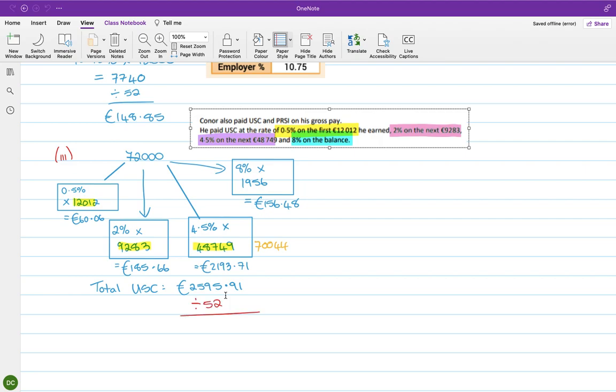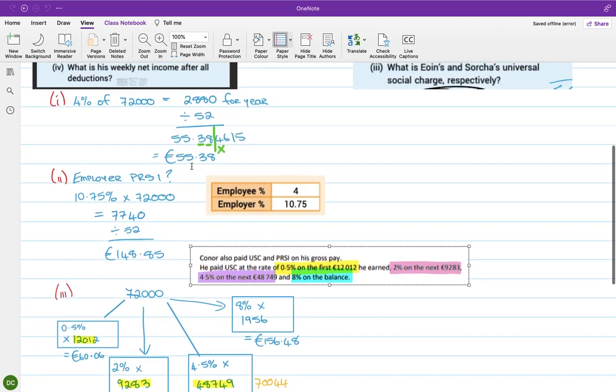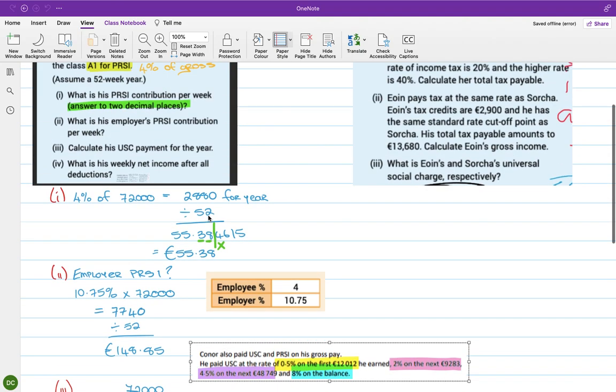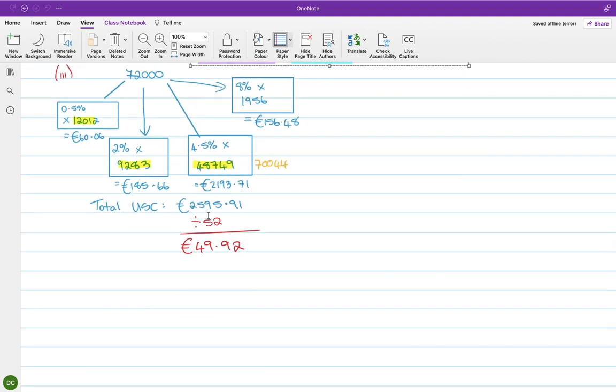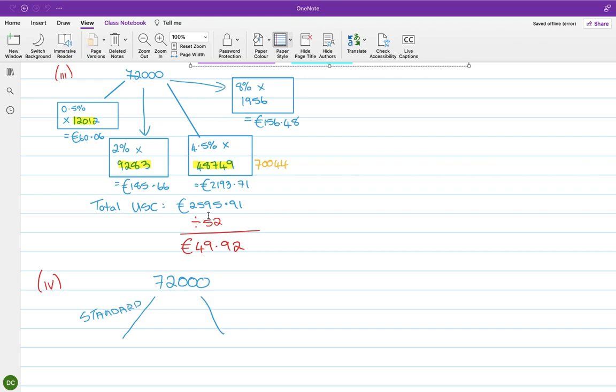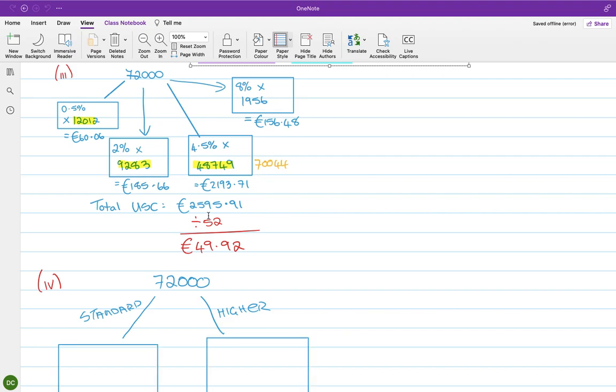So I'm going to divide that by 52, which is, and this is rounded, 49.92 per week. He pays 55.38 per week in PRSI, and then we still have to do his income tax. So that's where we take the 72,000 and we split it into standard and higher. So I have what?